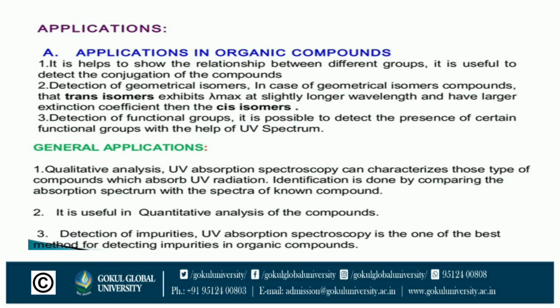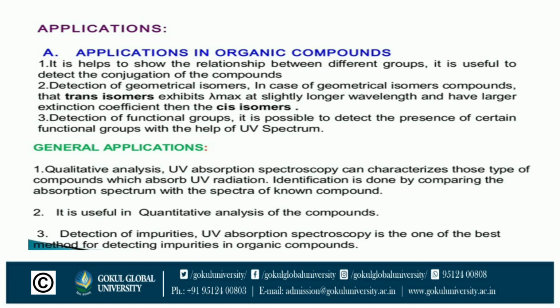Identification is done by comparing the absorption spectrum with the spectra of known compounds. So we check the functional groups, conjugation system, etc., in comparison of the reference spectra and the real practical spectra. And we also compare with each other and finalize the new product or new compound structure by the UV spectra. The second is quantitative analysis of the compound.